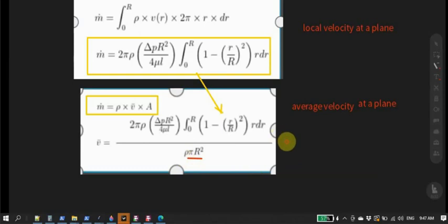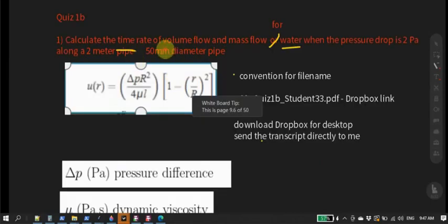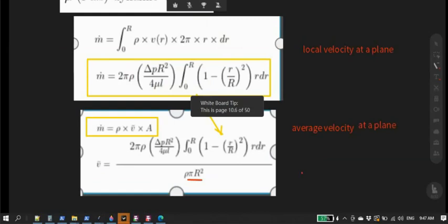I also show you the steps for doing it. But what you need to do is just put in the values, right? And then calculate the volume flow rate and mass flow rate. So any questions?